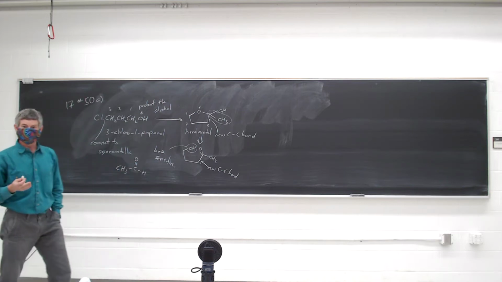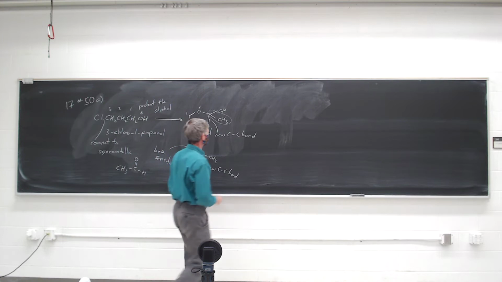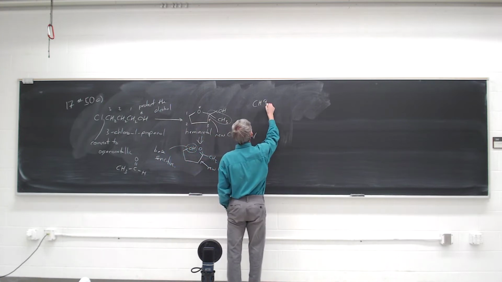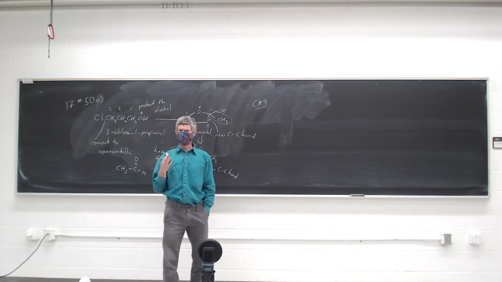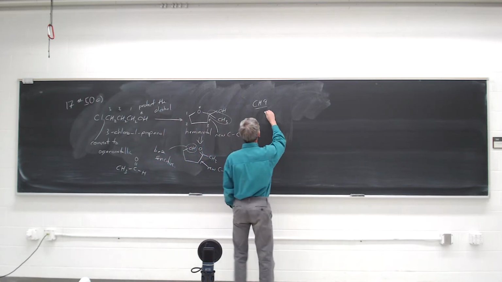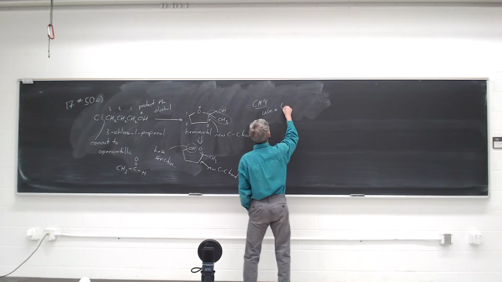So there are a couple of different ways of protecting the alcohol group. One of which is covered in chapter 9 of our textbook, and it's probably covered in Klein as well, and that's to use a t-butyl ether.